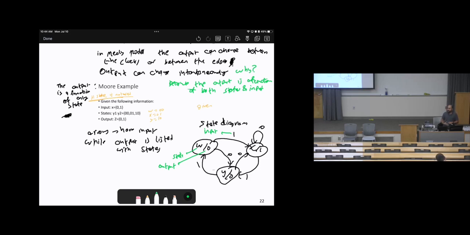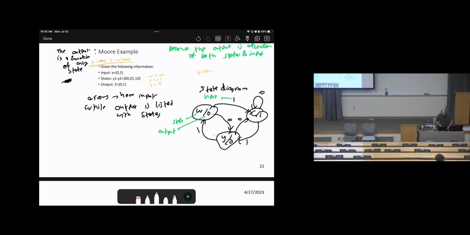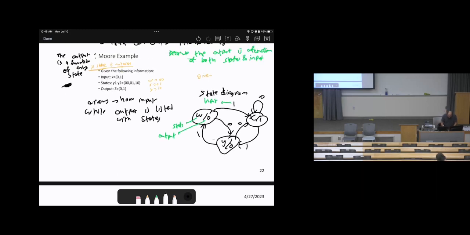So any change happening in the middle of the cycle will not affect the outputs. This is the difference between Moore model and Mealy model. When you do the timing table, any mid-cycle change will not affect the output at all. And in the state diagram, there will be only the inputs on the arrows, while the output will be associated with the states.